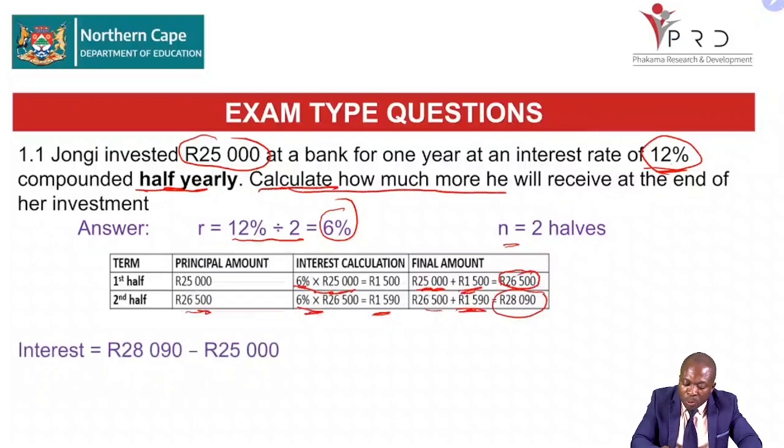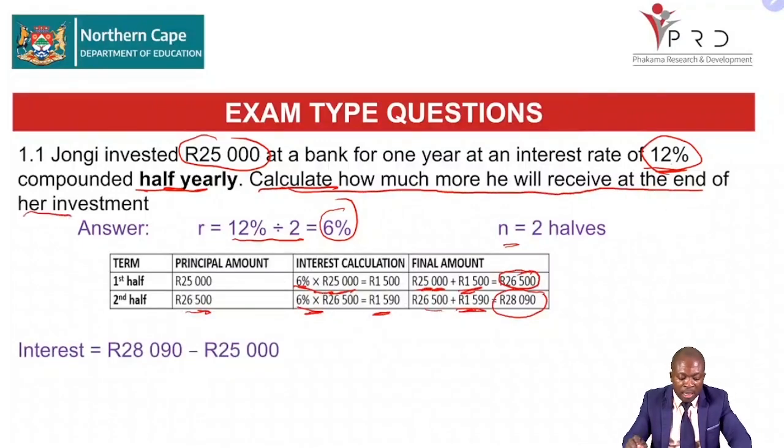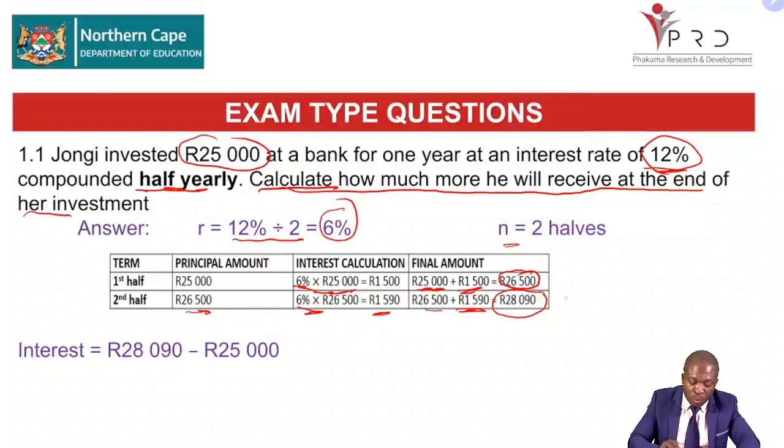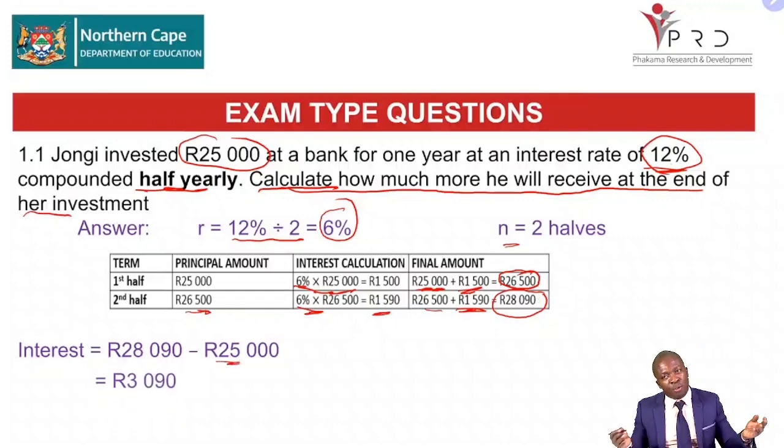It says, calculate how much more he will receive at the end of the investment. So how much money do we have now? We have got 28,090. How much money did we start with? We started with 25,000. So we subtract the 2. How much more? So we are going to get 3,090 rand in interest. Well done, my learners.